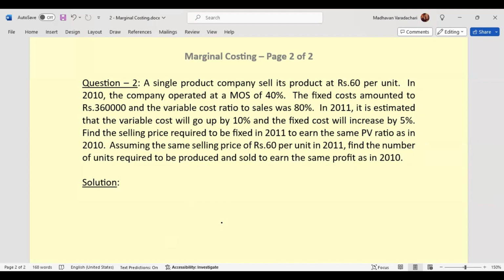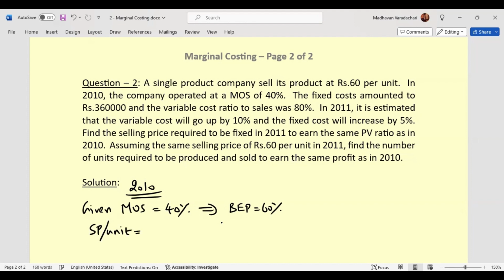First, let us consider 2010. Given: MOS is 40%, that means our break-even point will be 60%. Selling price per unit is given as rupees 60 per unit.